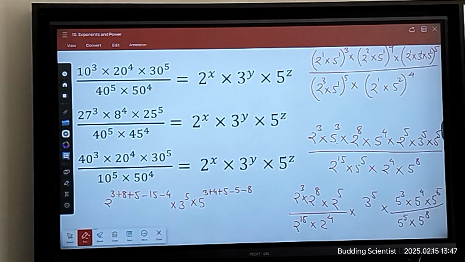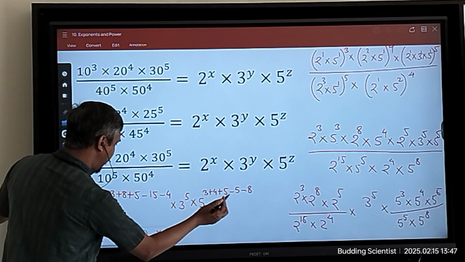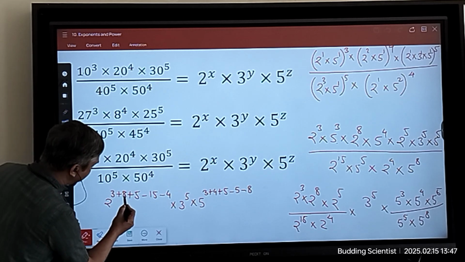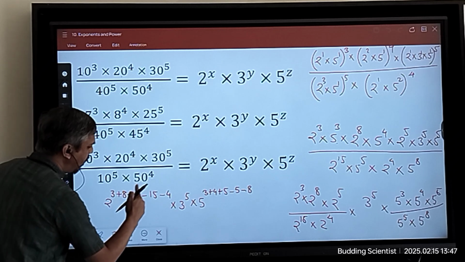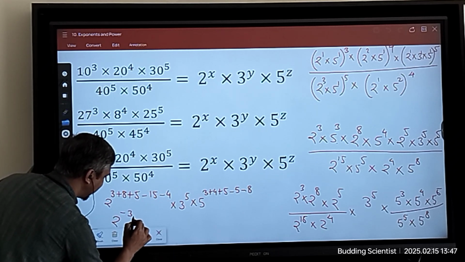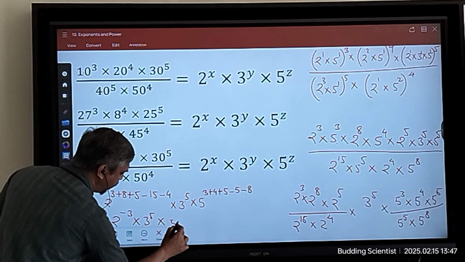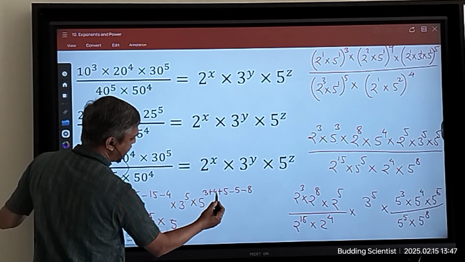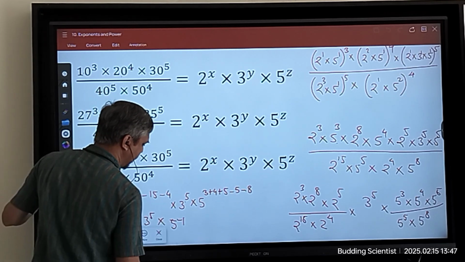That is how we can get the final answer. 3 plus 8 is 11, plus 5 is 16. 16 minus 15 is 1. 1 minus 4 is minus 3. So 2 raised to minus 3 into 3 raised to 5 into 5 raised to 3 plus 4 is 7, 7 plus 5 is 12, 12 minus 13 is minus 1.